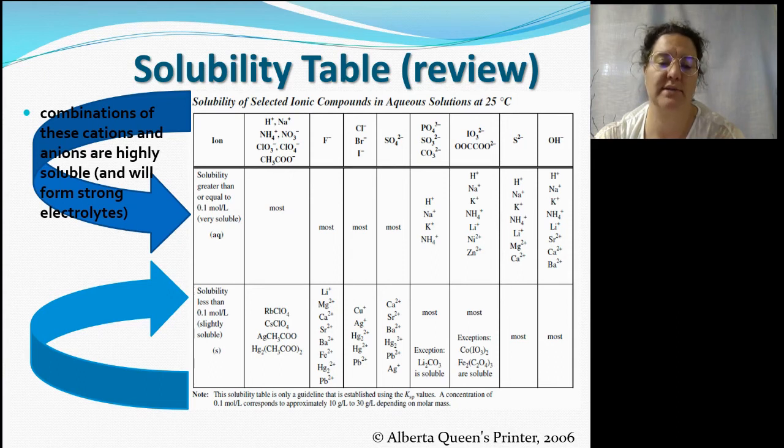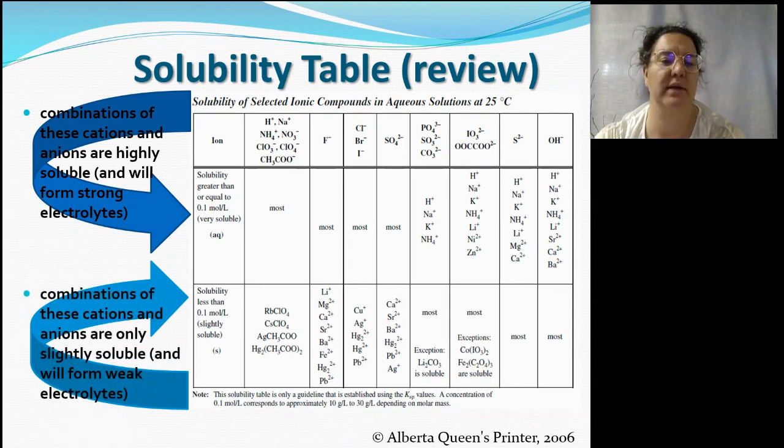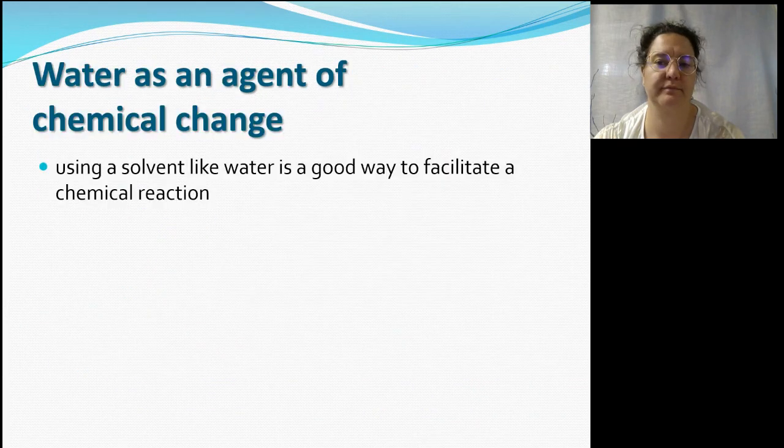So for hydroxide, it'll say most don't dissolve, except for the following list. And for chlorine and fluorine and bromine and iodine, it'll say most will dissolve, except for the list below. And those ones are going to be only slightly soluble and will form weak electrolytes. So we're going to say that that mixture of ionic or molecular compound and water would form a solid.